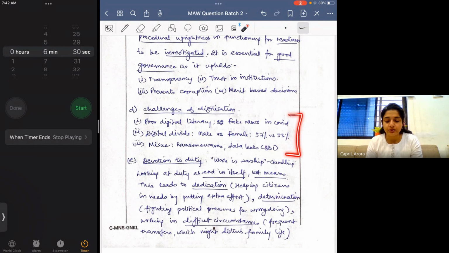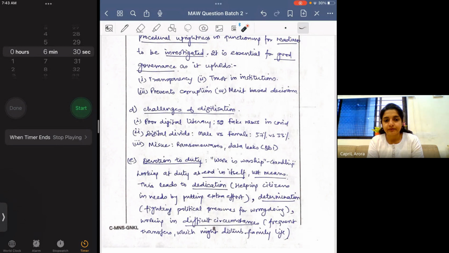You can also mention some ethical perspectives here. Digital divide means the divide of haves and have-nots. Poor digital literacy: what is the ethical challenge that is going to come with digitalization? Propagation of fake news, that leads to what? Lynching and all, leading to social injustice.